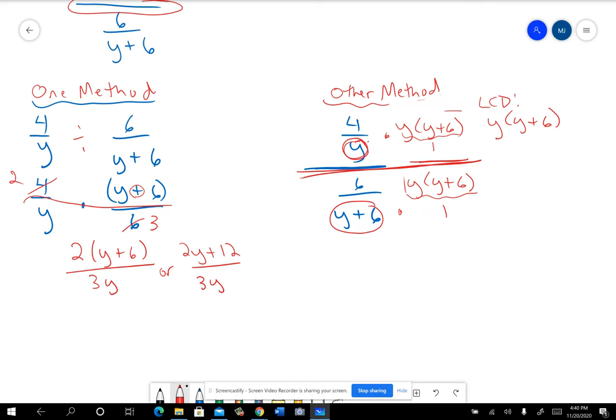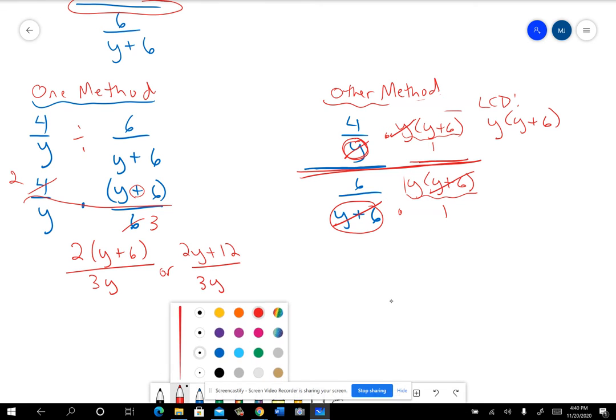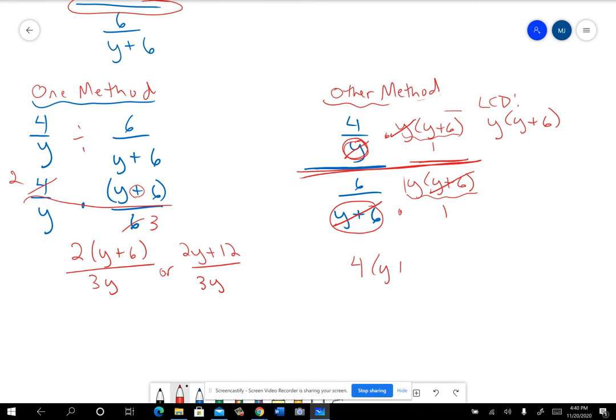There's a y down here and a y up here. There's a y plus 6 and a y plus 6 there. So I wind up having a 4 and a y plus 6 left up on top. And in the denominator, I have a 6 and a y left.